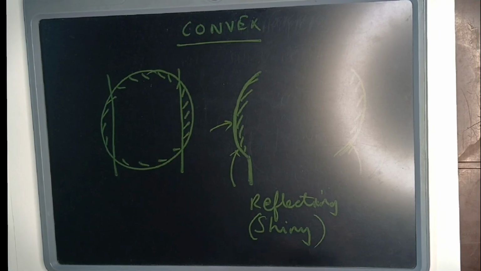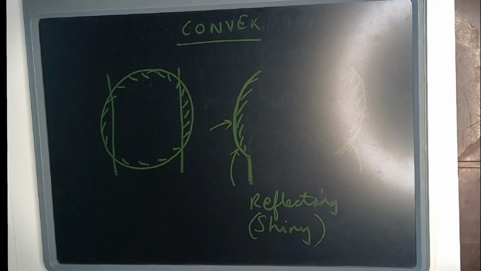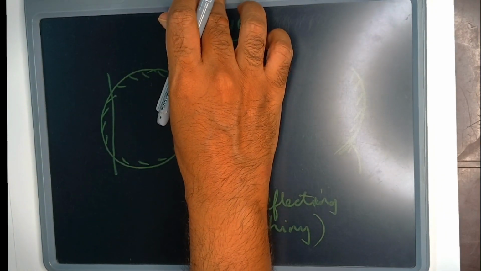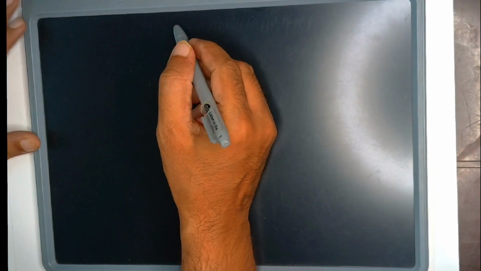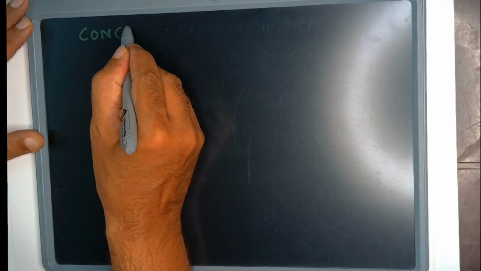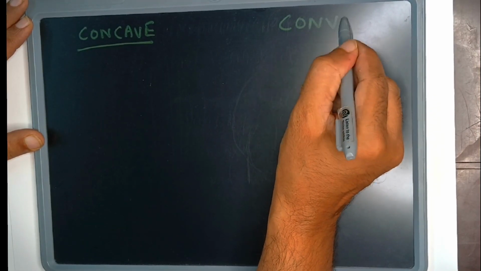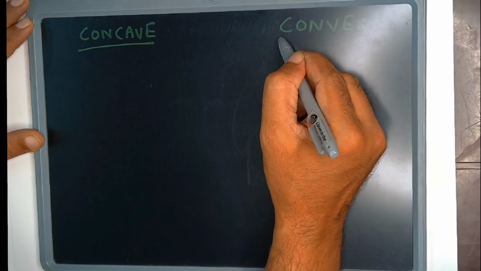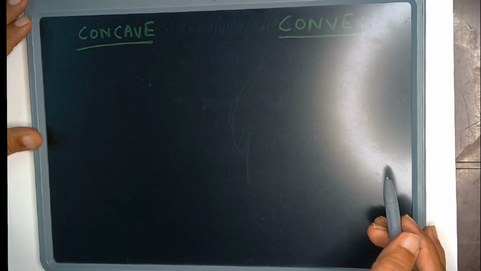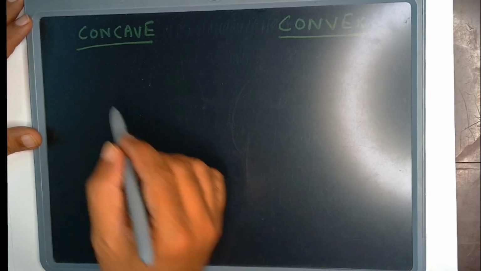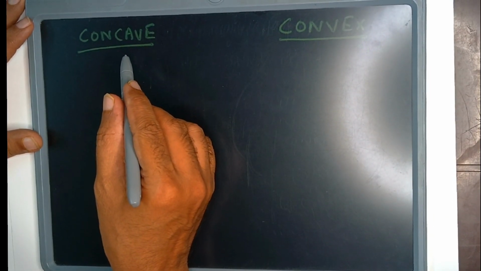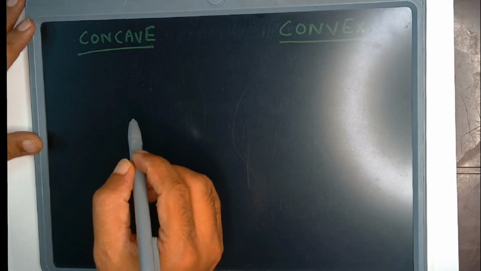So now we are going to see the sign conventions for concave and convex mirror. So let's take concave on one side, and on the other side we'll take convex. So as you know, the concave is reflecting on the inner side.